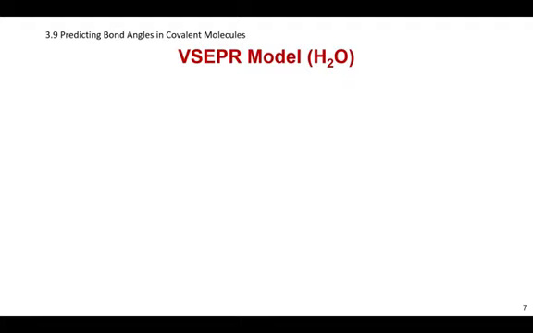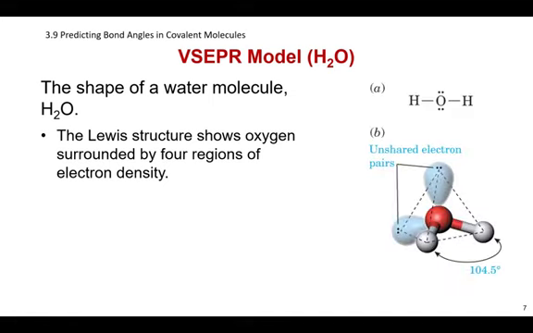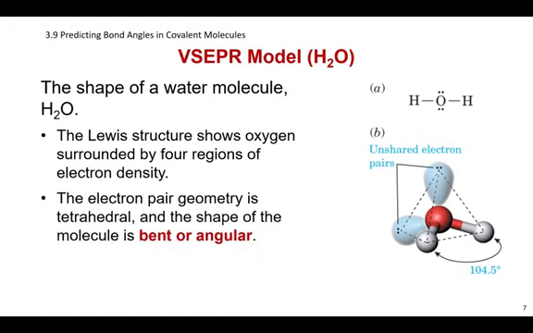Water. Water has four electron pairs: 2 bonding electron pairs and 2 non-bonding electron pairs. It's based on the tetrahedral electron repulsion idea. But in ammonia you had only 1 non-bonding electron pair, therefore it pushed down from 109 to 107. But in water there are 2 lone pairs of electrons. They repel the bonding electron pairs further.